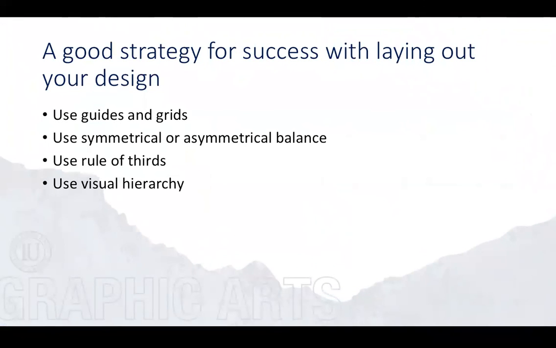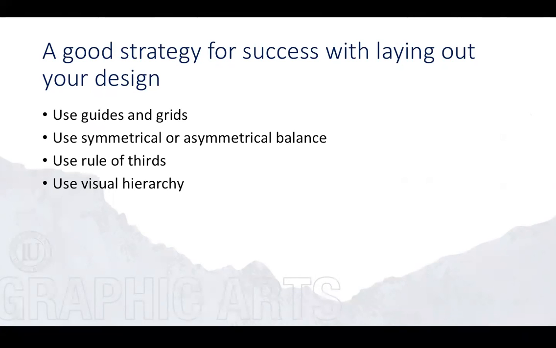So a good strategy for success with laying out your design is using guides and grids. So thinking about the margins on the edge of your document. Think about making either a 1/4 inch margin or a 1/2 inch margin so that your important imagery and text isn't too close to the edge.